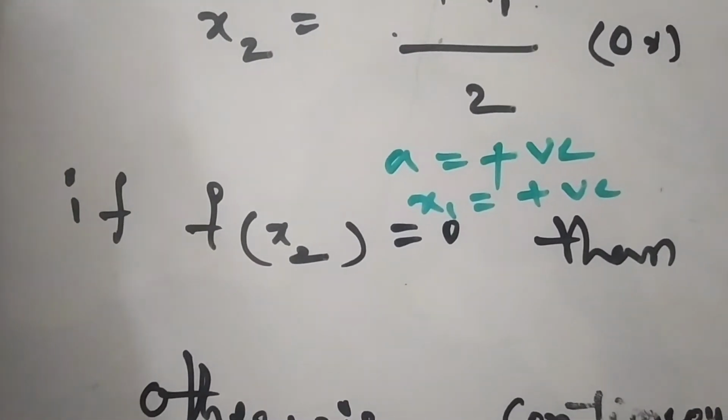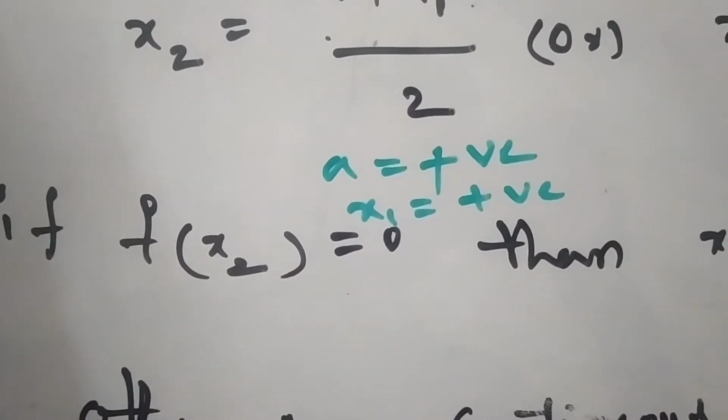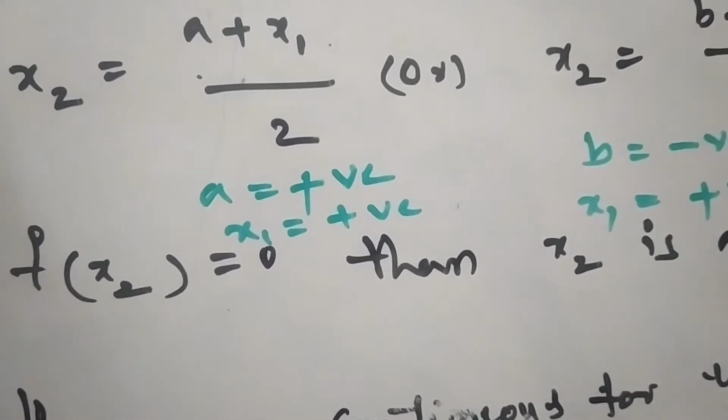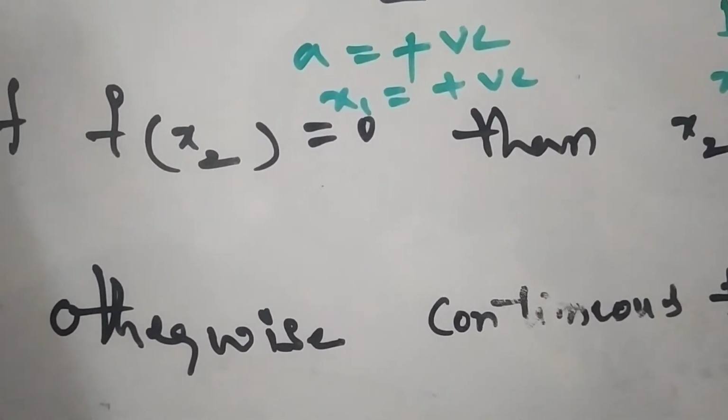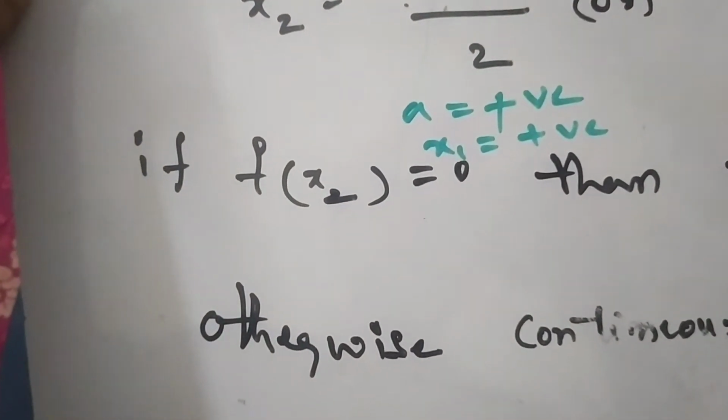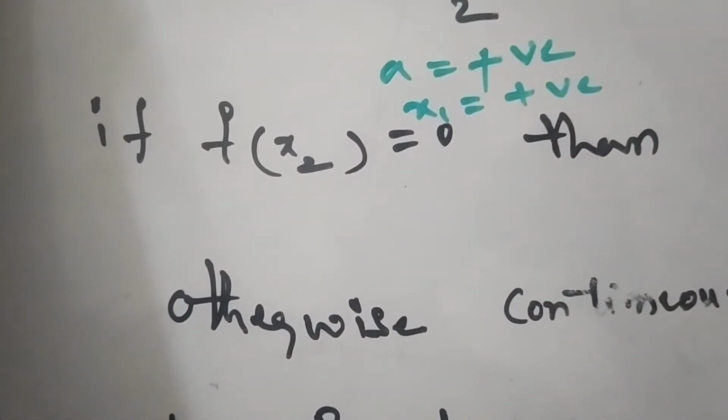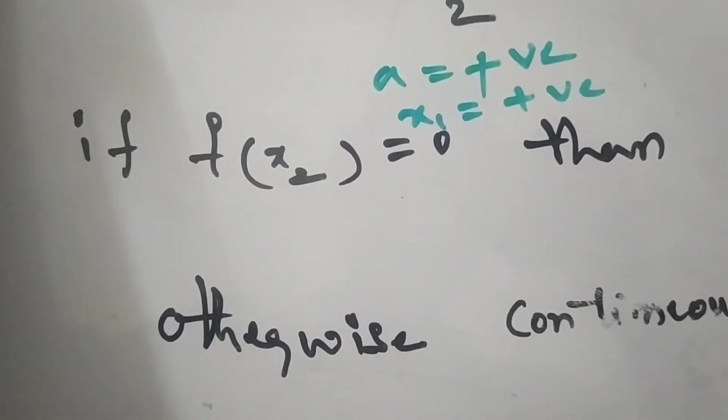If f of x2 equals 0, then x2 is the root. Otherwise we continue with the third approximation, using a similar method.